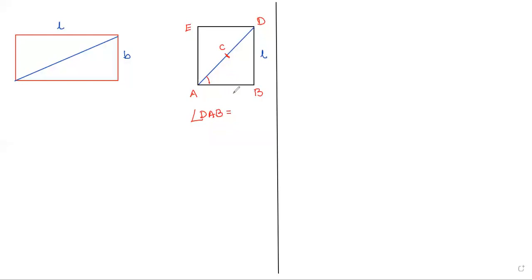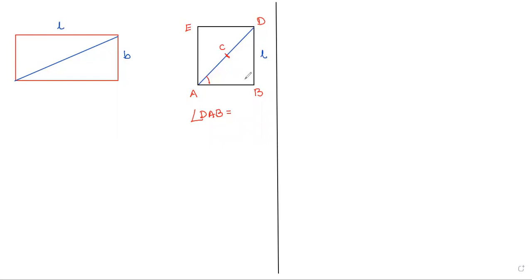Okay, we'll see what is the answer. How much is that? It is a simple one. What will be the total angle at a corner in a square or rectangle anywhere?